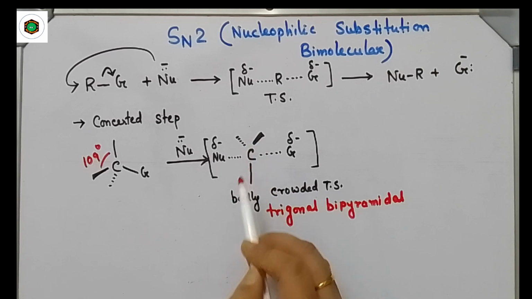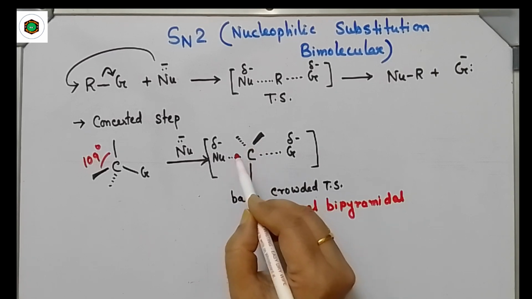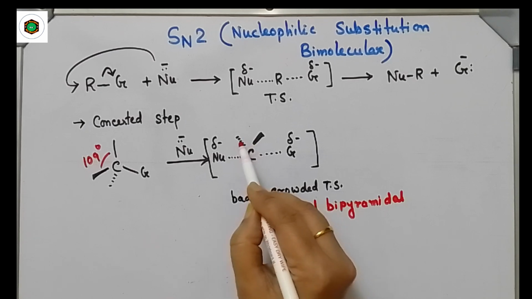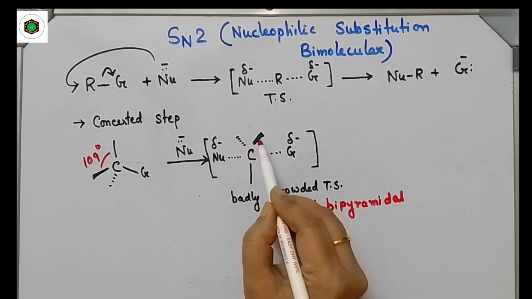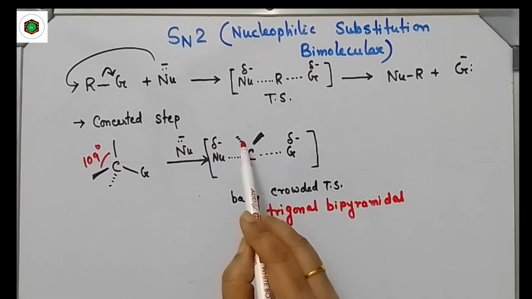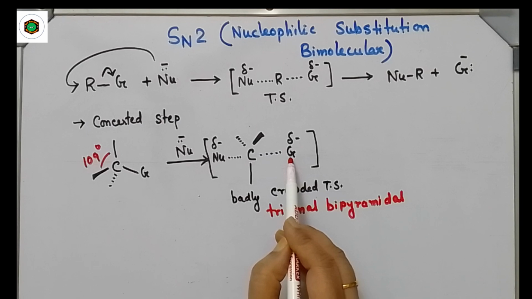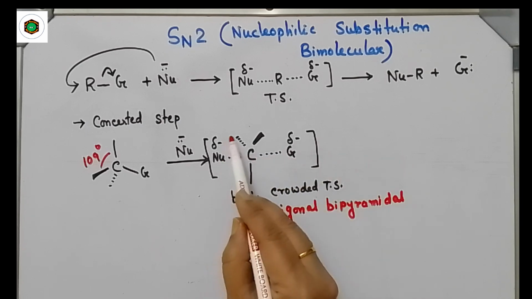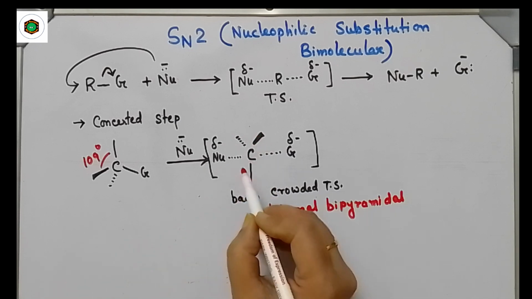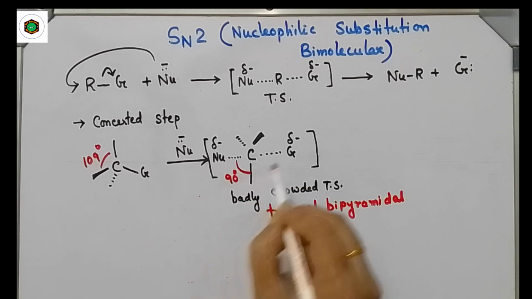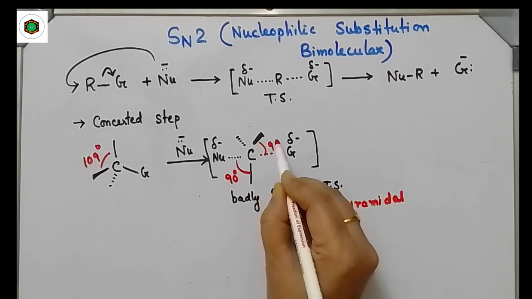These 3 groups are in a plane making bond angle 120 degrees. Between each pair of these bonds the bond angle is 120. But the leaving nucleophile or attacking nucleophile makes an angle of 90 degrees with any of these 3 groups. So this bond angle is 90 degrees.